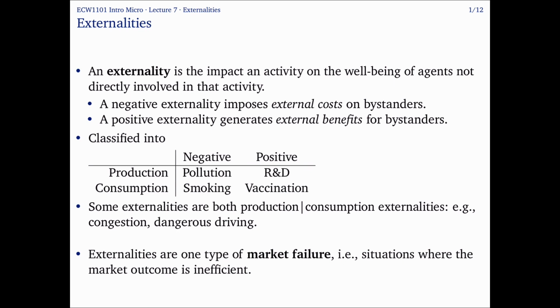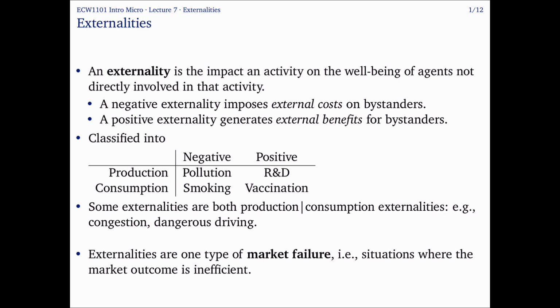There is a traditional classification of externalities into whether they are production or consumption externalities. We will illustrate this classification in a second. That is, does the externality arise in the process of making something or in the process of consuming that?